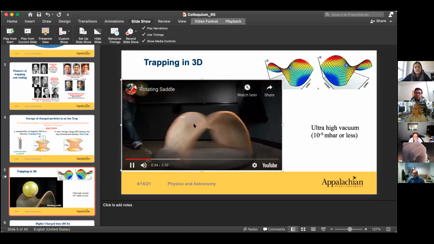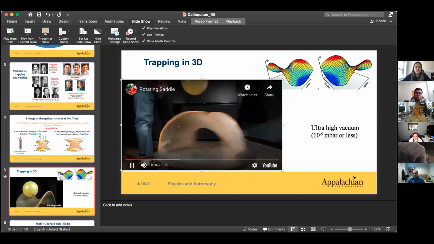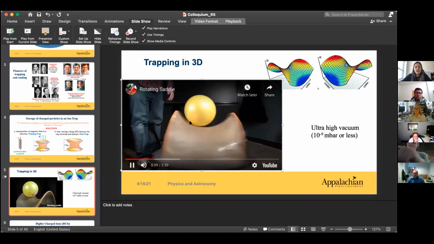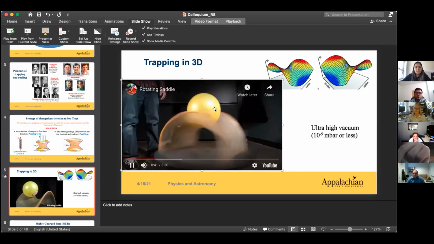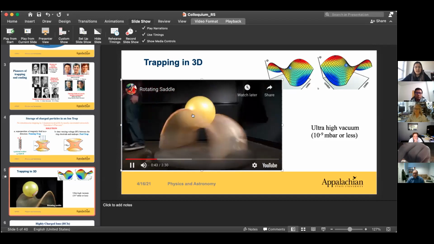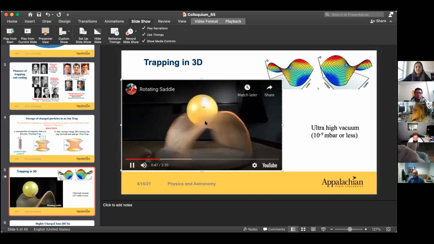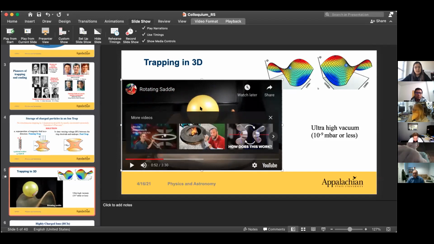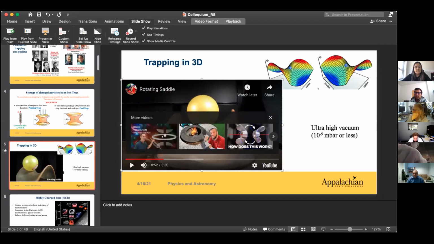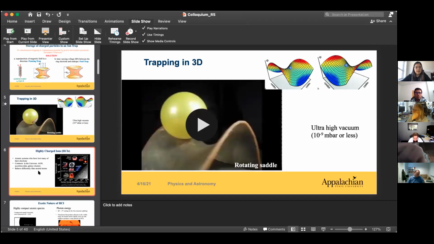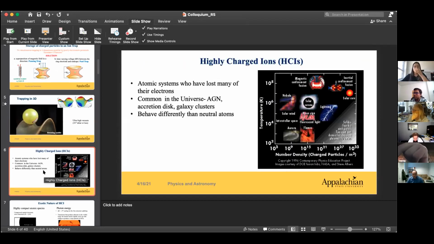So now when you add the ball, or add your ion, in this hyperbolic or quadratic potential, then you can end up trapping them because you are oscillating between the two shapes that are shown in the upper right here. And you just have to make sure that you're applying a frequency that's just larger than the oscillation frequency of the ion itself. So this is how trapping actually occurs in these two traps.